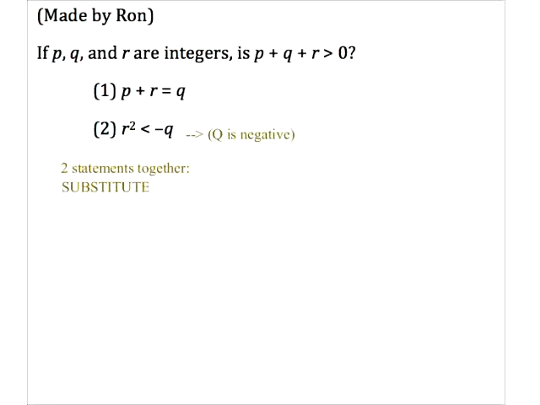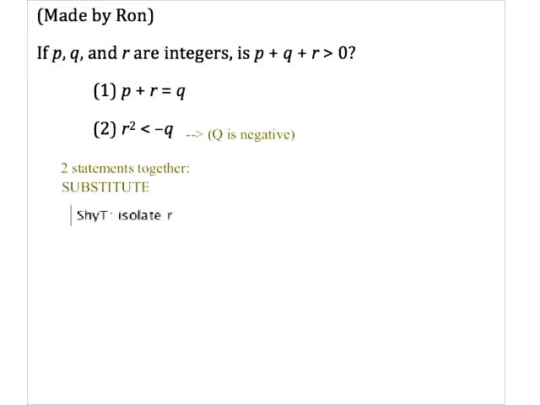So let's substitute. Well, let's go ahead and isolate for one of these variables. One student above said isolate R, so why not, right? When you do a substitution, you just have to pick something and then go for it.